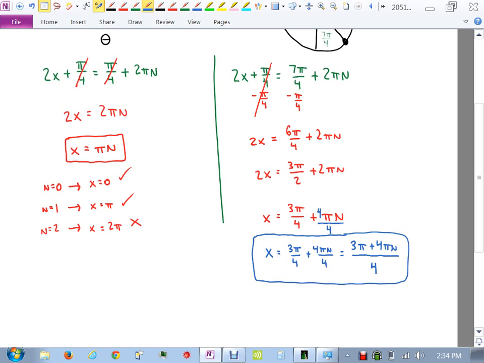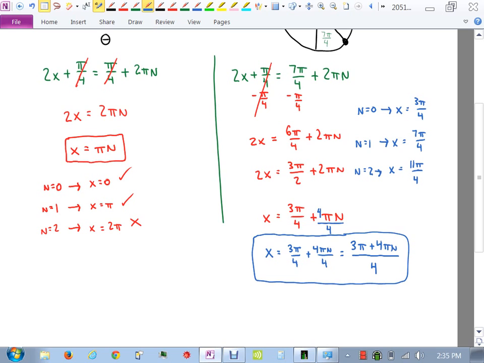And now let's plug in some values of n. N is 0: you get x is 3 pi over 4. N is 1: you get x is 7 pi over 4. That's still within 2 pi. N is 2: you get x is 11 pi over 4.